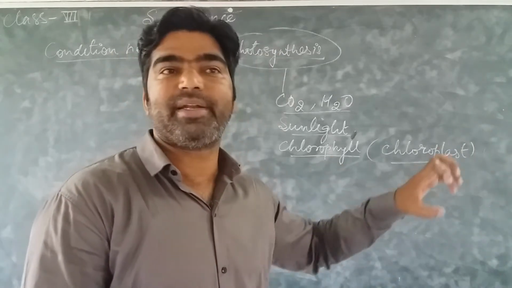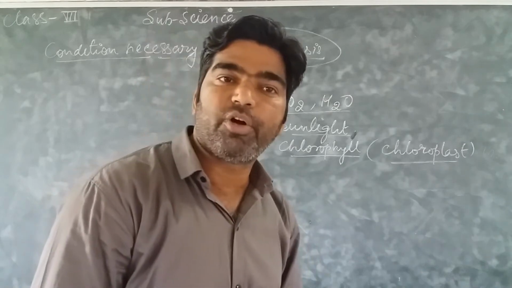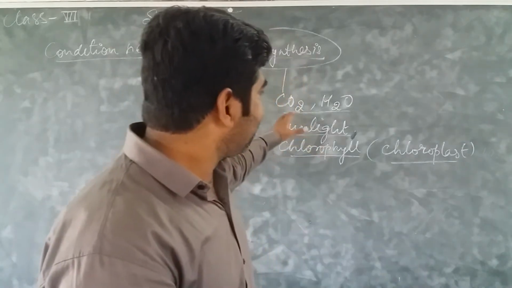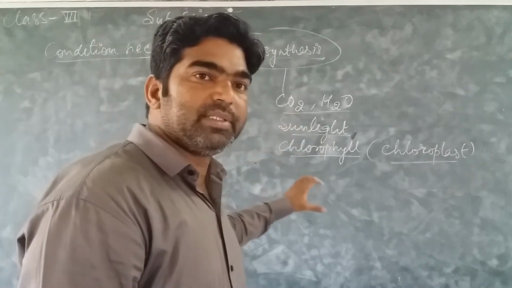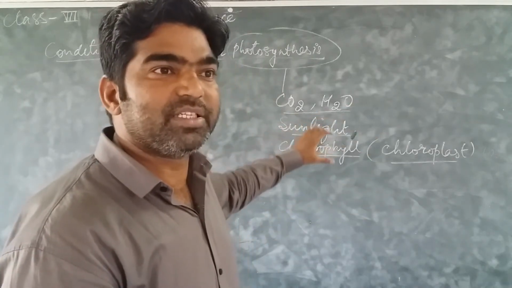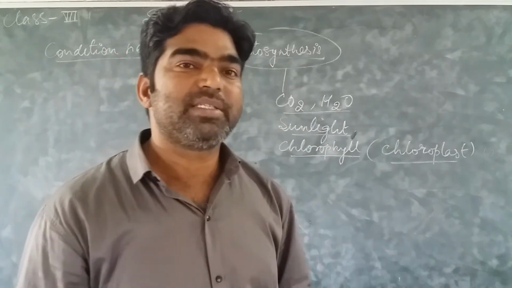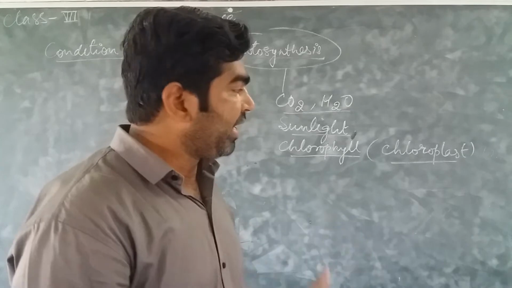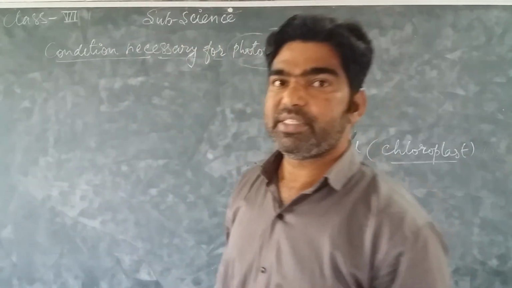It traps the sunlight and it activates this process of photosynthesis. Now these are some important factors on which photosynthesis is dependent. Some other things are also important for photosynthesis.